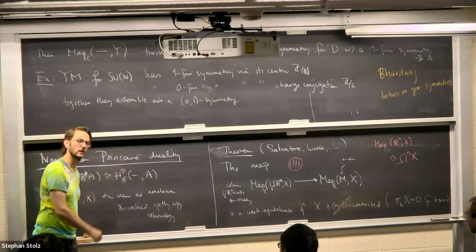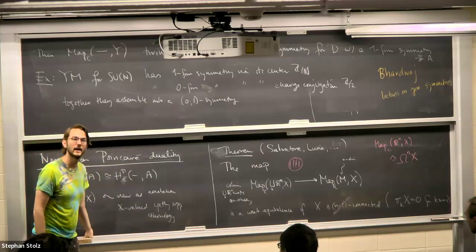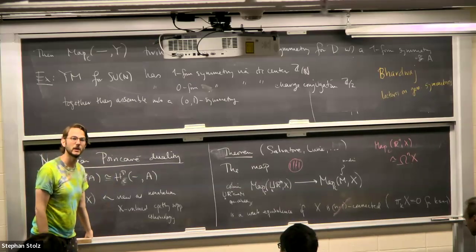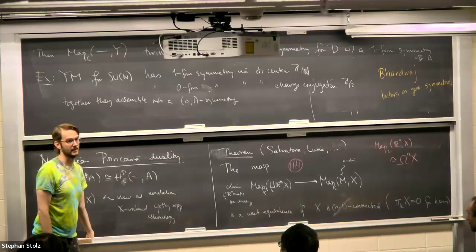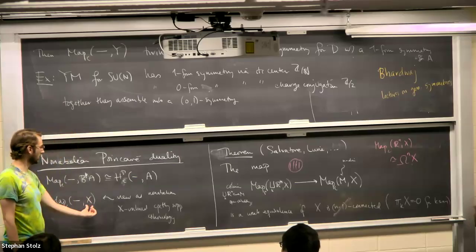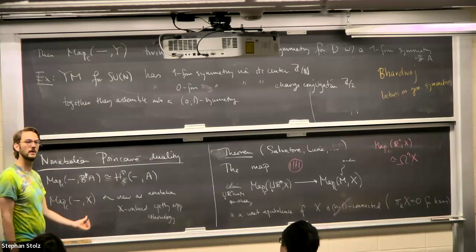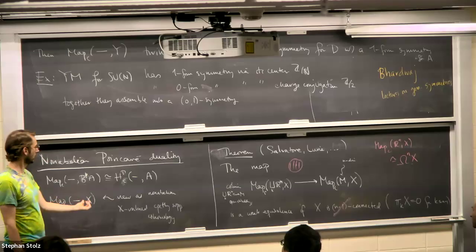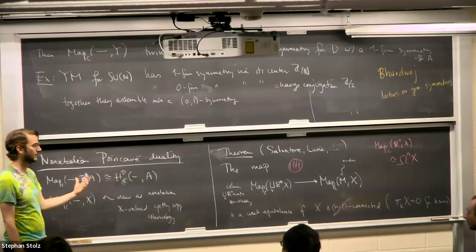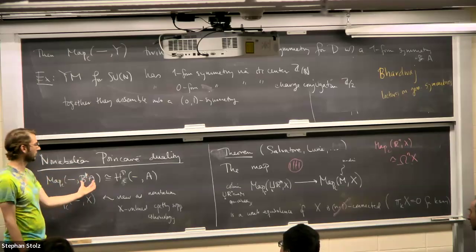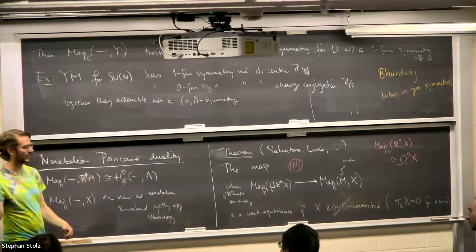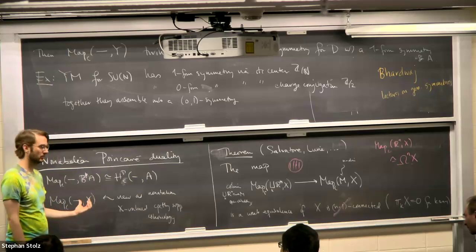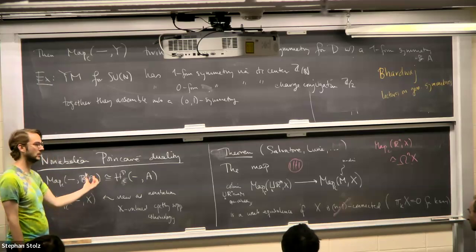There's a nice discussion of this in Lurie's Higher Algebra book. That's probably the best place to look. So you're saying that theorem is a generalization of the usual Poincaré duality by allowing nonabelian coefficients. The way Jacob proves it, this is not the only way to prove it, is he uses ordinary Poincaré duality and then leverages it to get the nonabelian case. But you can directly prove the nonabelian case and deduce the abelian case.